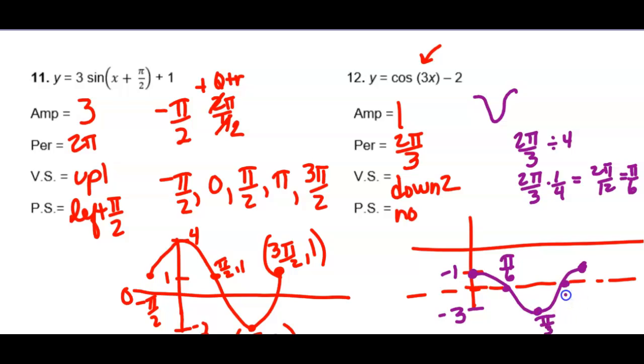This would be 3 pi over 6, which reduces. And this would be 4 pi over 6, which reduces to 2/3, which we were supposed to have a period because there was no phase shift. It should finish at 2 pi over 3. No, I didn't.